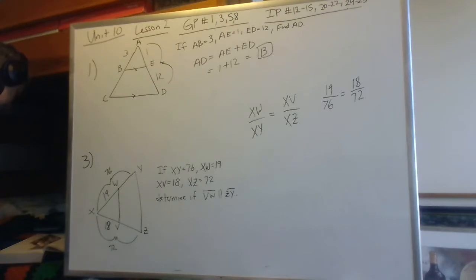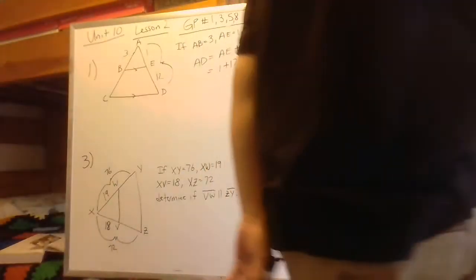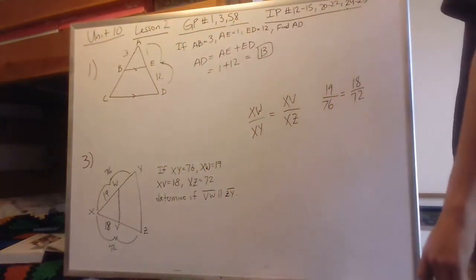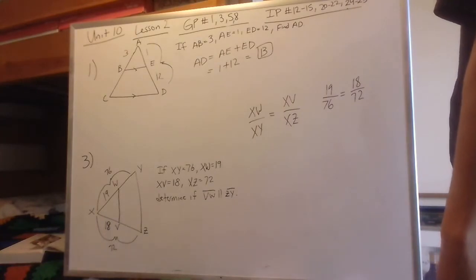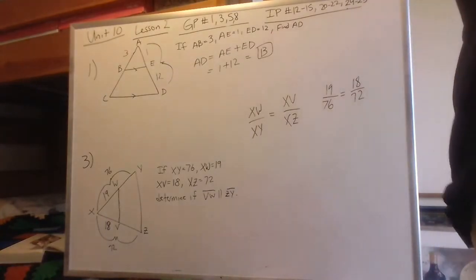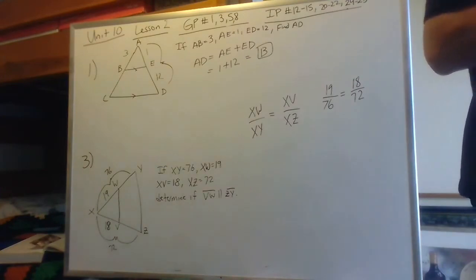So we are going to solve that right now. So again, it is XV, which is 18, over XZ, which is 72, and 19 over 76. So what I want to do is see if 19 goes into 76 evenly.